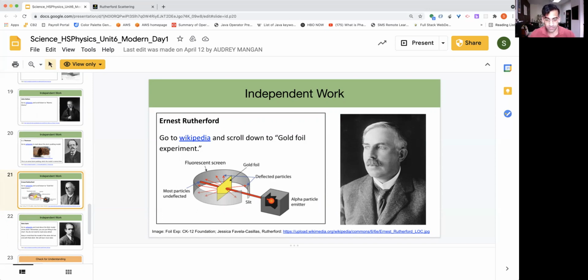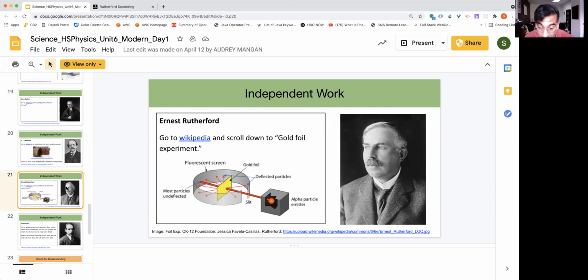In the gold foil experiment, Rutherford was able to set up what we call an alpha particle emitter and fire it at gold foil. The idea about the atom at that point was that atoms were bound close together in objects. So if I take my phone, for example, it is thick with atoms, and there is barely any space between them.